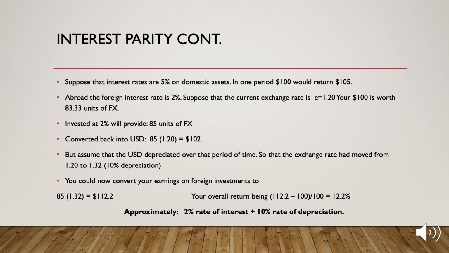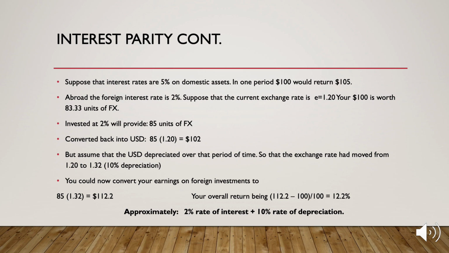That would give us $102. Well, this makes sense, right? Our investment in the asset abroad grew at 2%. There was absolutely no movement in the currency, so we didn't get any expected depreciation, and our overall rate of return is essentially 2%. Under these conditions, obviously the domestic investment would look preferable to the foreign investment.